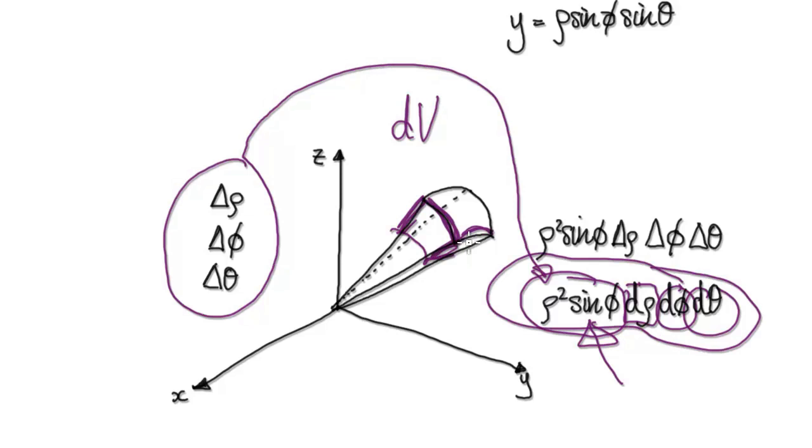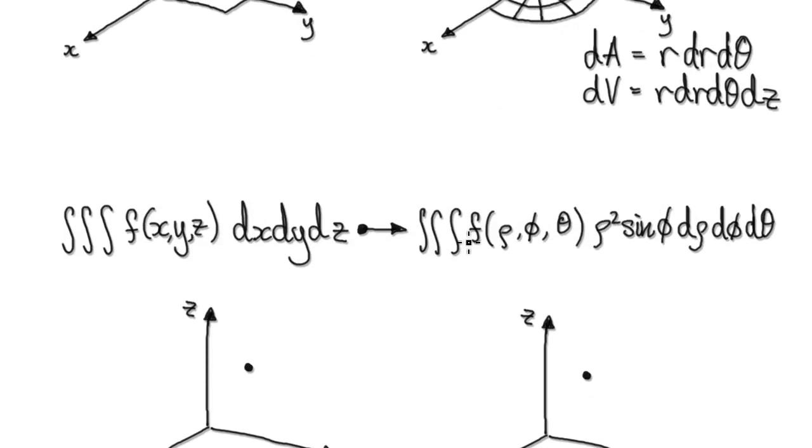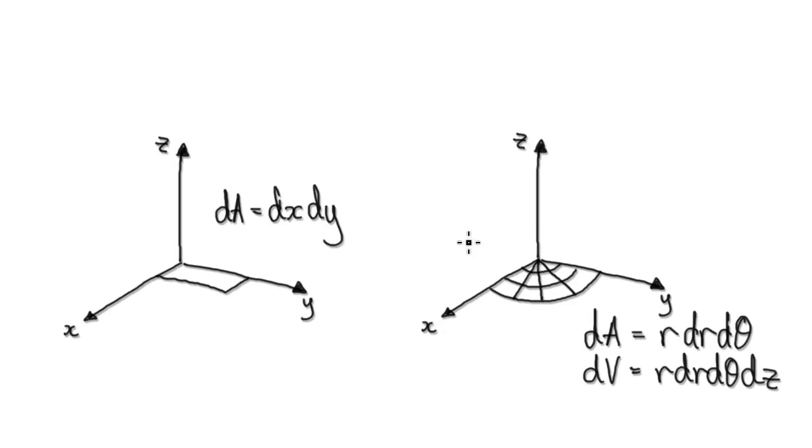When it comes to cylinders, the dV is quite straightforward, because we already know that the dA has this relationship. So when it comes to the dV, all you need to do is stick the change in the height, and then it becomes this thing here.